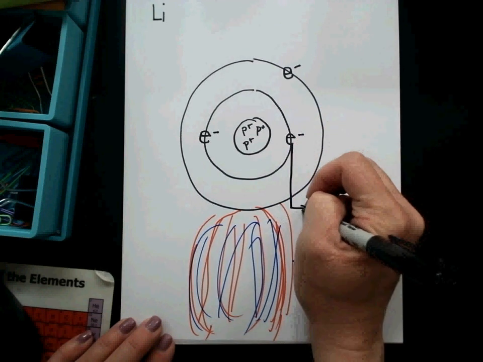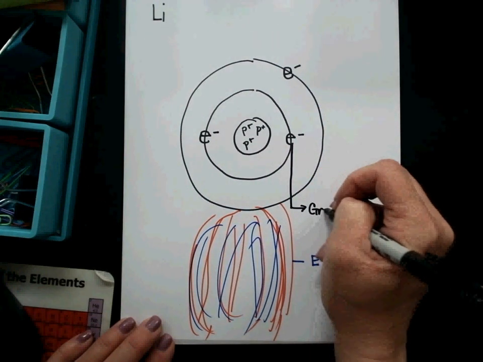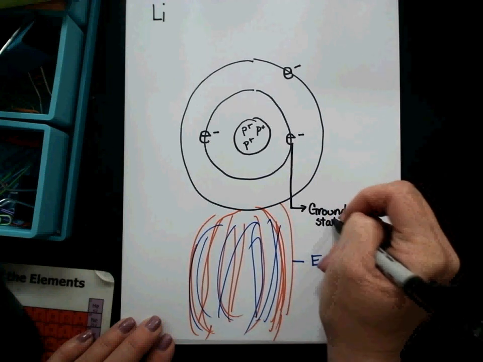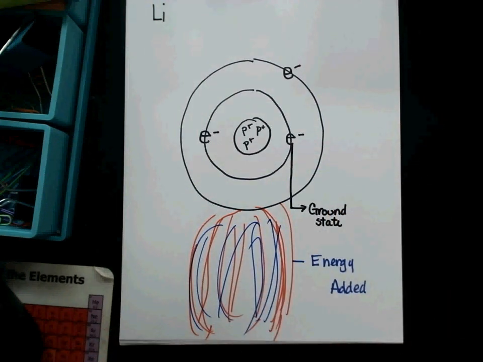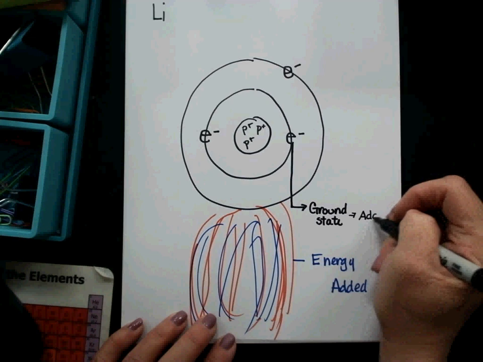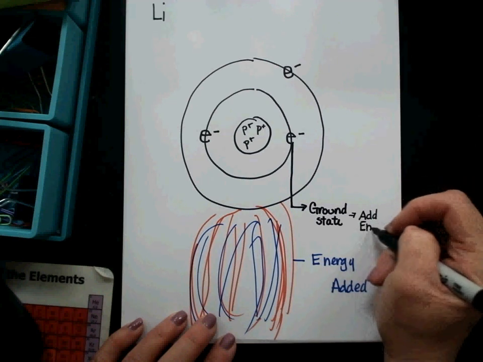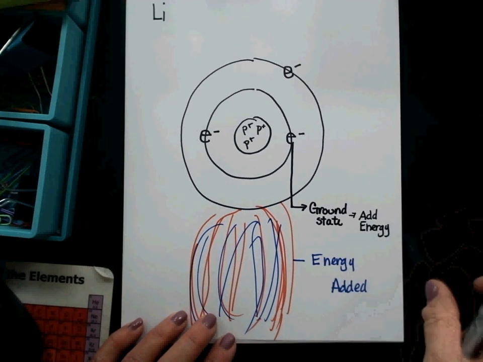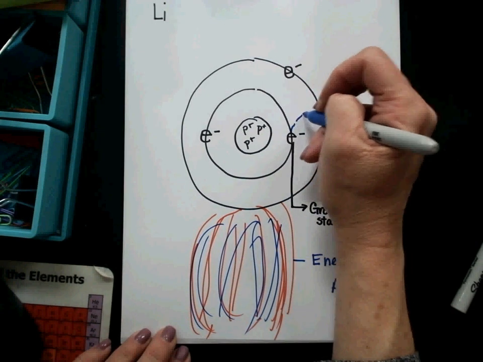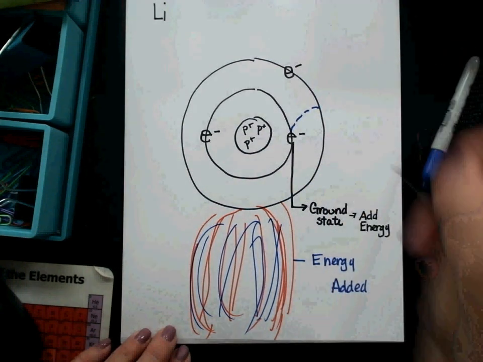And where it sits right now, I would say it's in ground state. So that's where it's supposed to be. And then I'm going to add energy. And when I add energy, my electron jumps up.